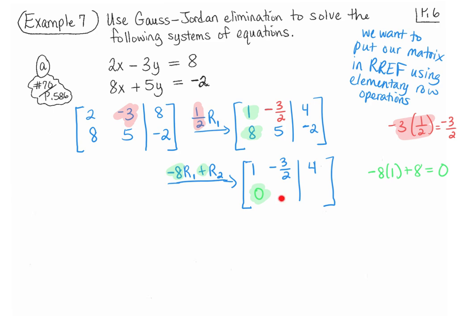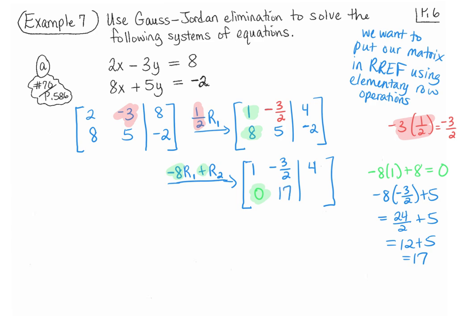Tell me how we're going to determine the next one. -8 times negative 3 halves plus 5. Good. So that's going to give us positive 24 over 2 plus 5, which is 12 plus 5, which is 17.